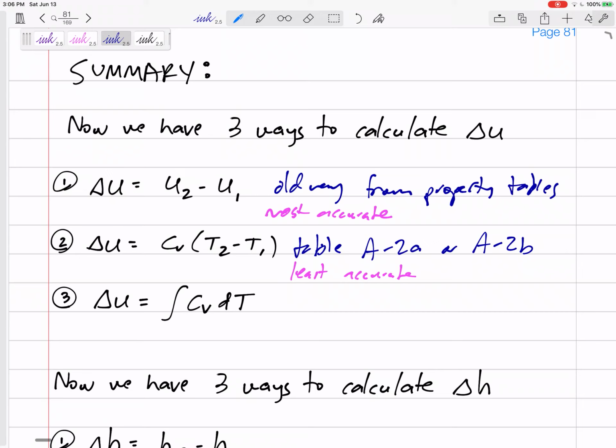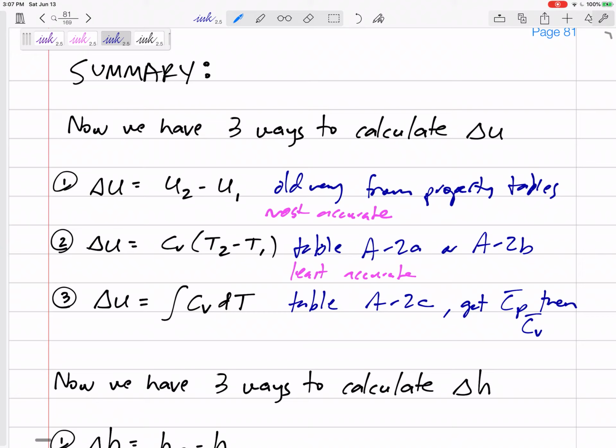To get a little bit better would be to go to table A2C, get Cp bar, then change it to Cv bar, change Cv bar to Cv, and then integrate that long equation that had a constant and then something T squared, something T cubed.